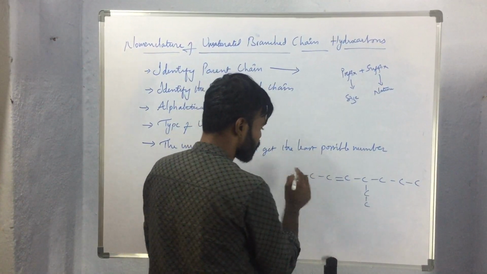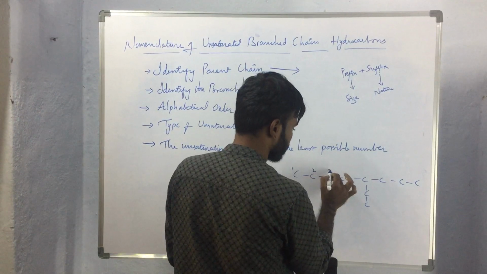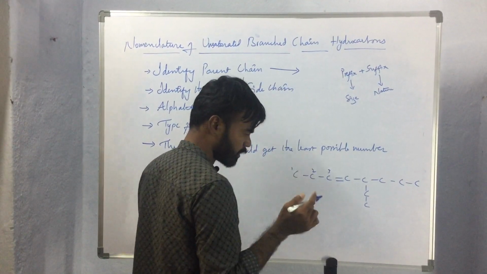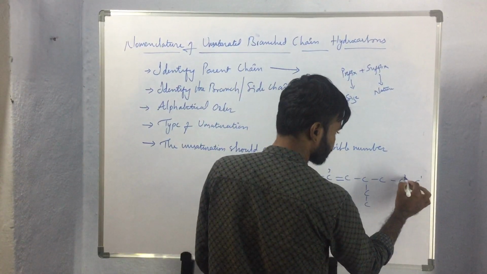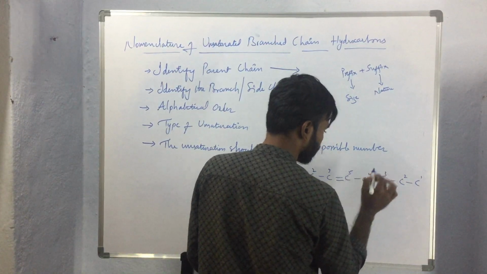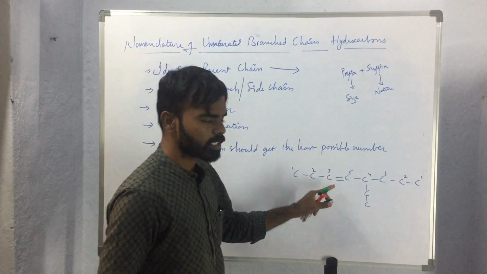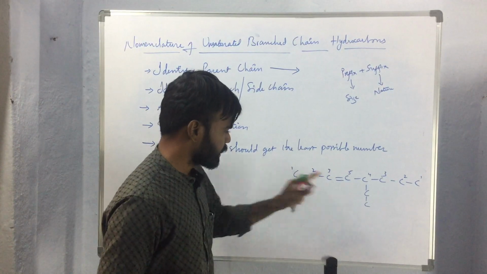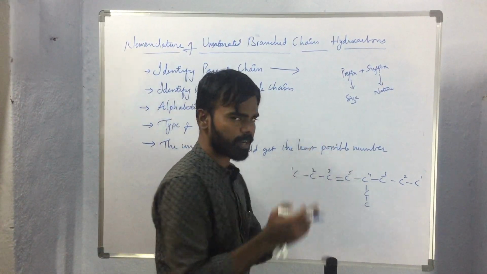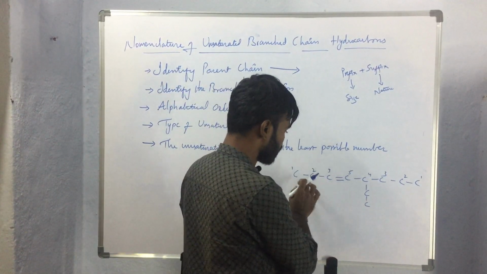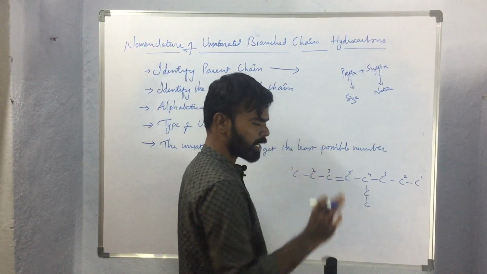See, if we start numbering from here, the third carbon atom will get the unsaturation. If we start numbering from the other end, the fifth carbon atom will get the unsaturation. So 3 is lesser than 5, that's why we will number from this carbon atom only.